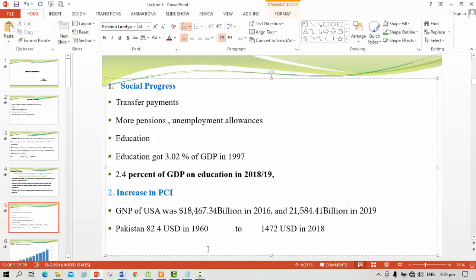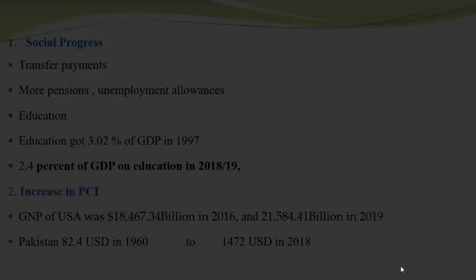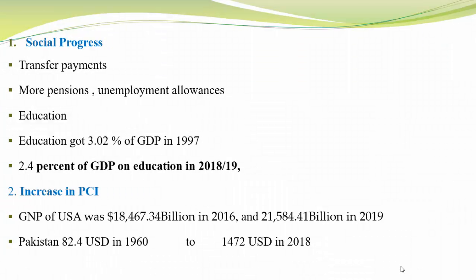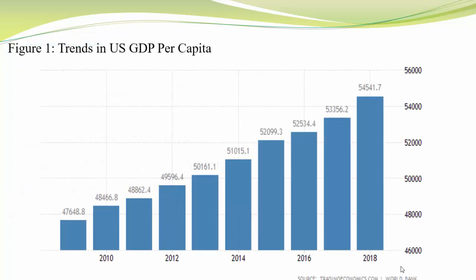Similarly, the per capita income of Pakistan was 82 US dollars in 1960, which increased to 1,472 US dollars in 2018. So this means that an increase in per capita income, which is due to an increase in the GDP, can also cause an increase in public expenditure.